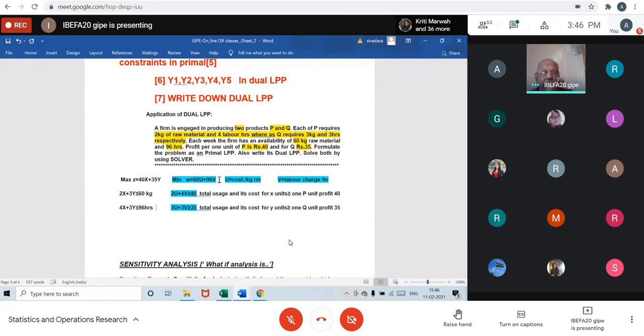Any doubt? But the cost should not be below profit. So 2u + 4v is definitely greater than or equal to 40, and 3u + 3v greater than or equal to 35.